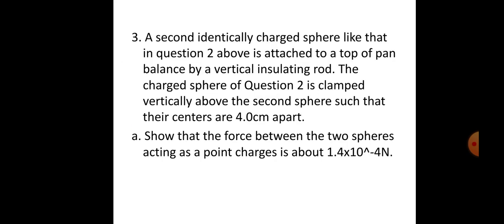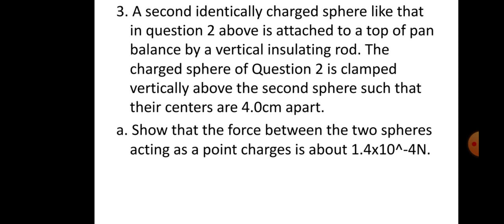The third question: a second identically charged sphere, like that in question 2 above, is tied to the top of a pan balance by a vertical insulating rod. The charged sphere of question 2 is clamped vertically above the second sphere such that their centers are 4 cm apart.